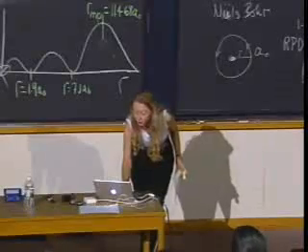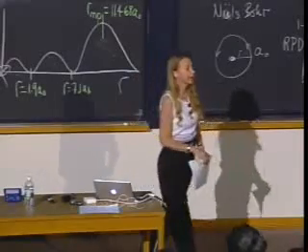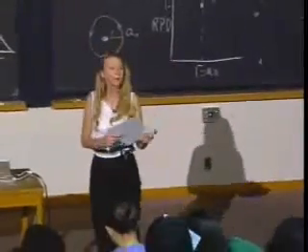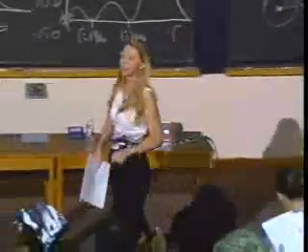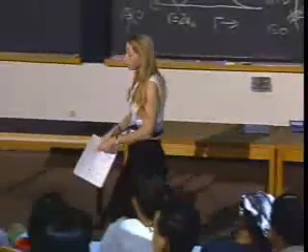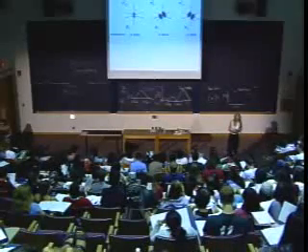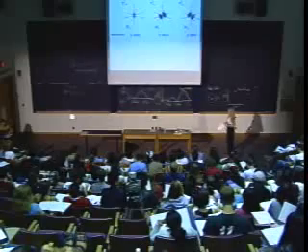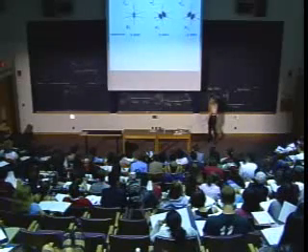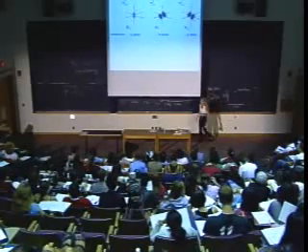And we used those s orbitals to illustrate a lot of concepts, what we meant by a wave function, what we meant by probability density, what we meant by radial probability. But now we're going to look at the 2p wave functions. And the p wave functions, as you probably already know, are not spherically symmetric.